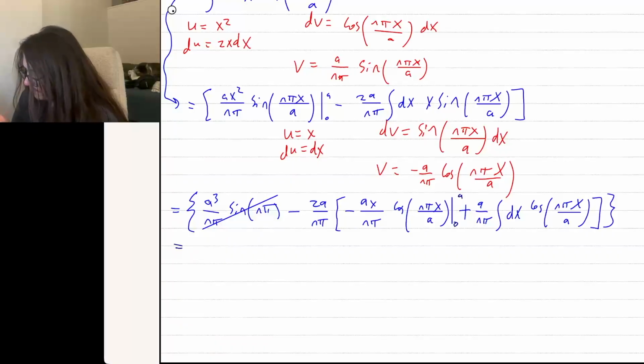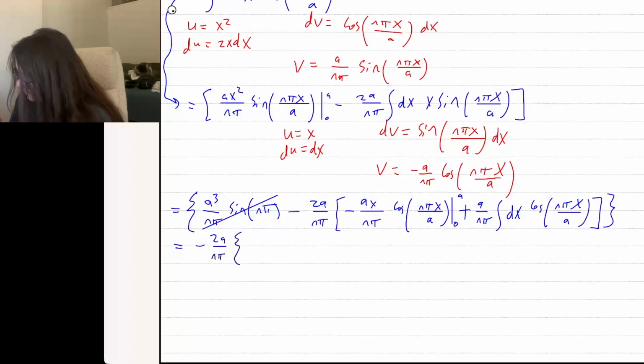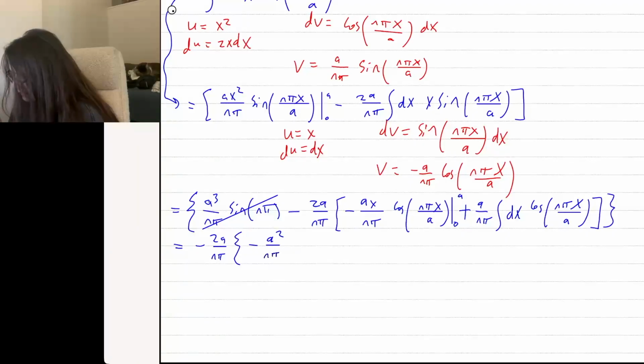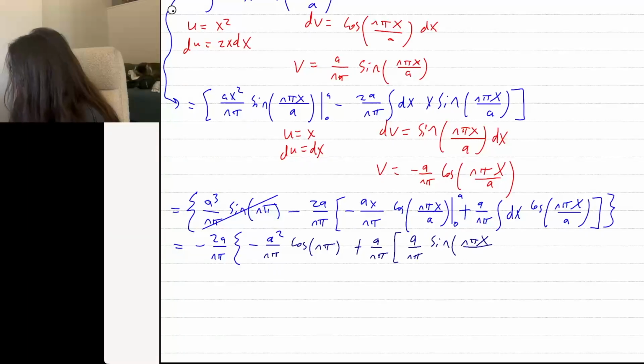So minus 2a over n pi, curly bracket, minus just a squared over n pi, cosine of n pi, plus a over n pi, and then that integral is just a over n pi sine n pi x over a from 0 to a.